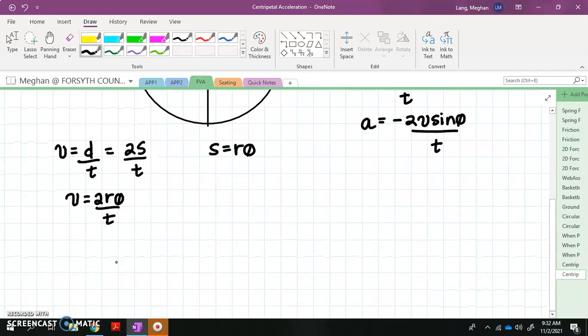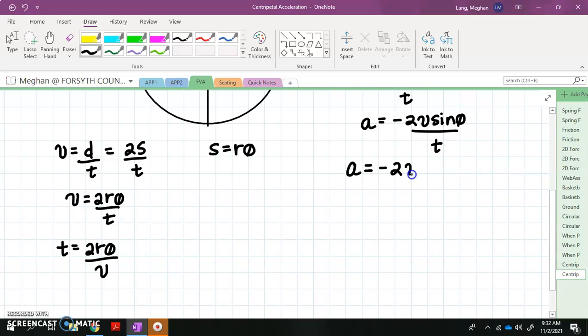And if I rearrange this for t, because that's what I'm trying to eliminate from my equation, then t would be equal to 2r theta over v. So I'm going to come back over here and replace t with that value. So our acceleration is then equal to negative 2 times v sine theta divided by our 2r theta over v.